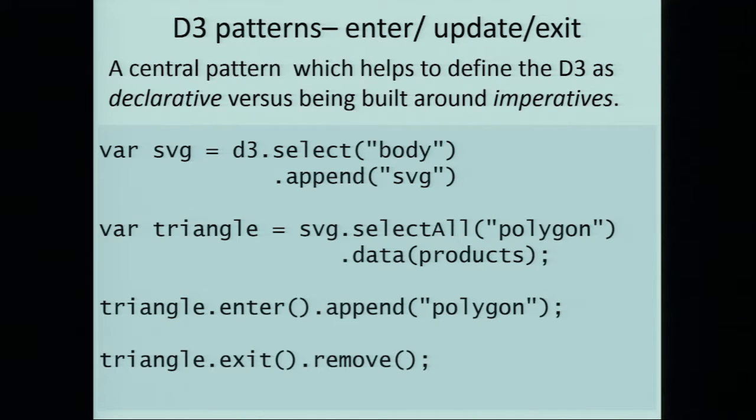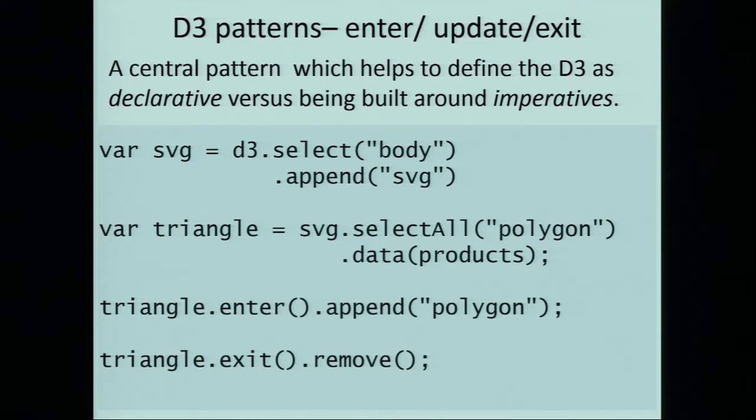So now here's the process of hanging those data elements off of my DOM. And from that, I'm going to generate a new variable, which I call triangle. I must have stolen this from the Sierpinski example. Then I do my enter call, and I actually append the polygons, and then I do my exit and remove them. If there are any polygons that aren't referenced, then they aren't included.